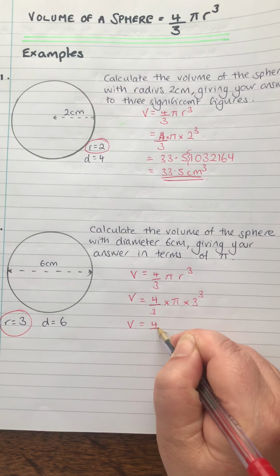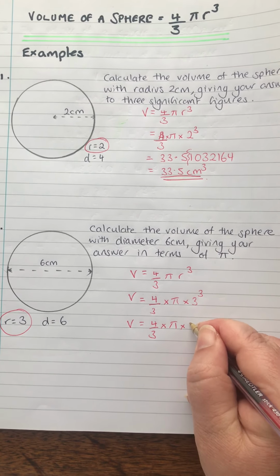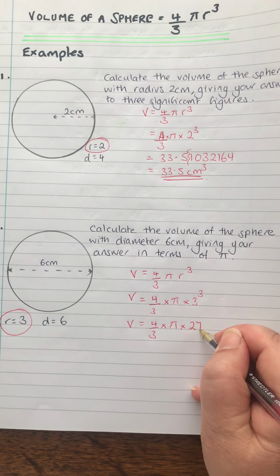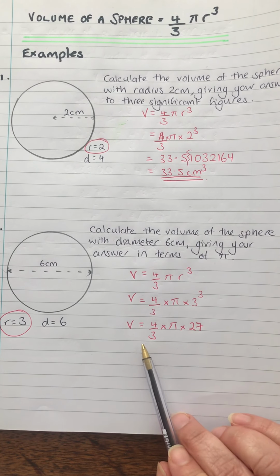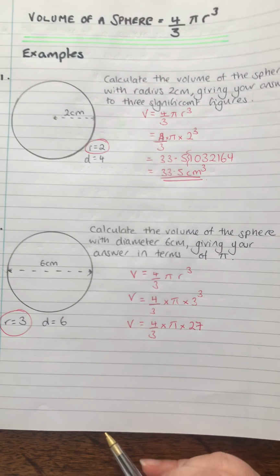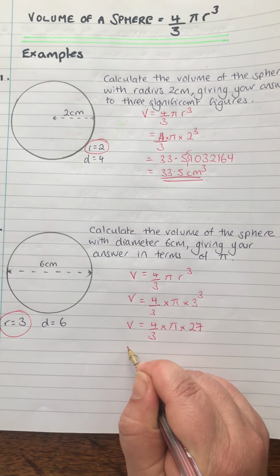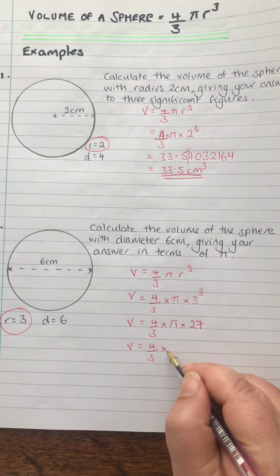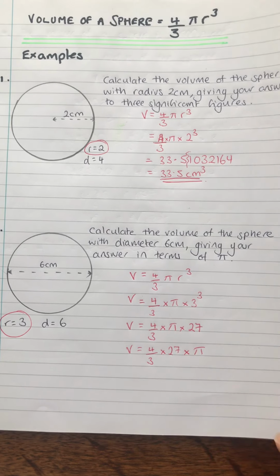V is equal to 4/3 times pi times 3 cubed, 3 times 3 is 9, times by 3 is 27. Here we should be able to see that 3 and 27 have a common factor. I'll write it out again to make that a little bit more clear. So 4/3 of 27 times by pi.